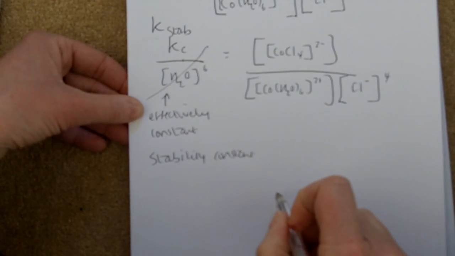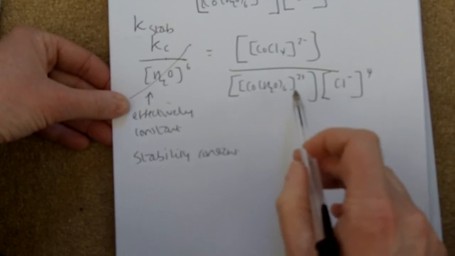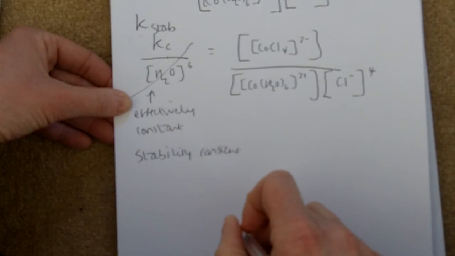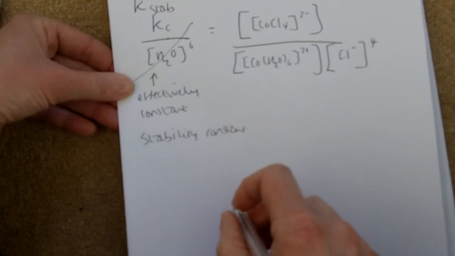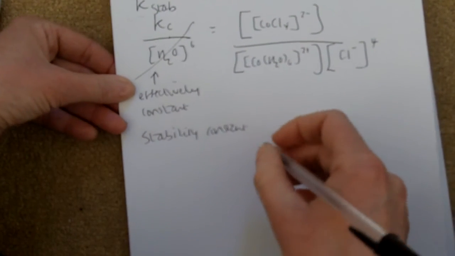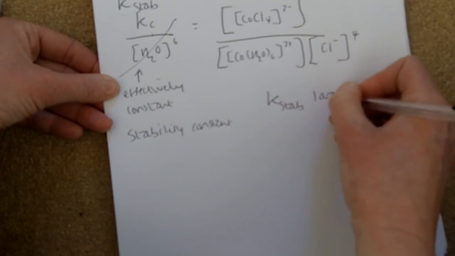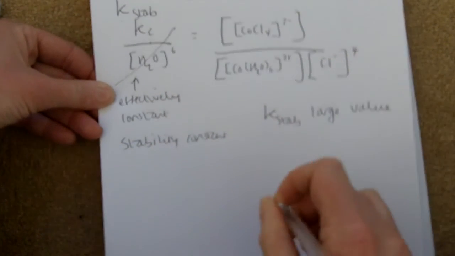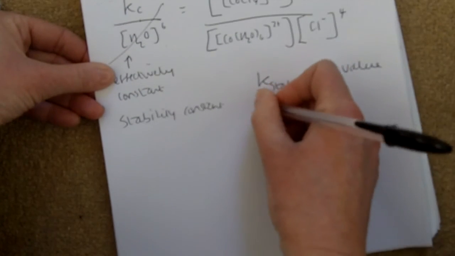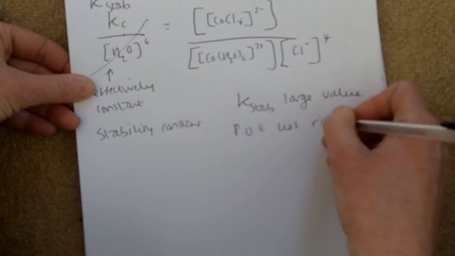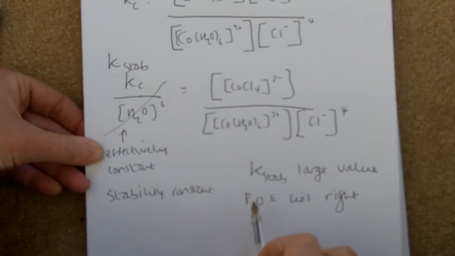You've got to be really careful when working out your units, because this is to the power 4 there. What does K stab mean? If K stab is a large value, the position of equilibrium lies where? On the right, just like Kc.